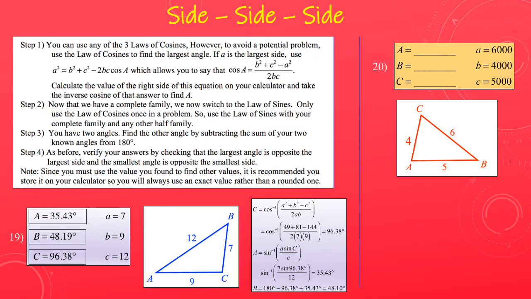In number 20, we're given that a equals 6,000, b equals 4,000, c equals 5,000. When we draw our picture, we can save ourselves some work by realizing that we can use, instead of 6,000, 4,000, 5,000, the numbers 6, 4, 5.